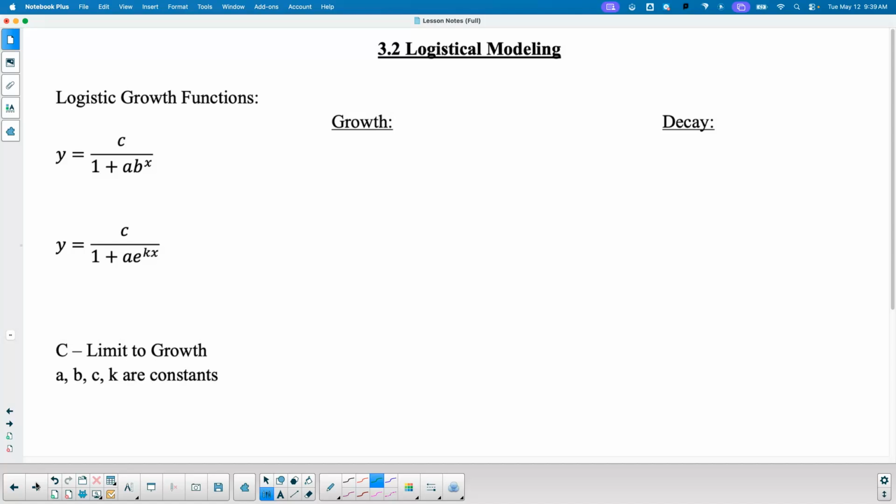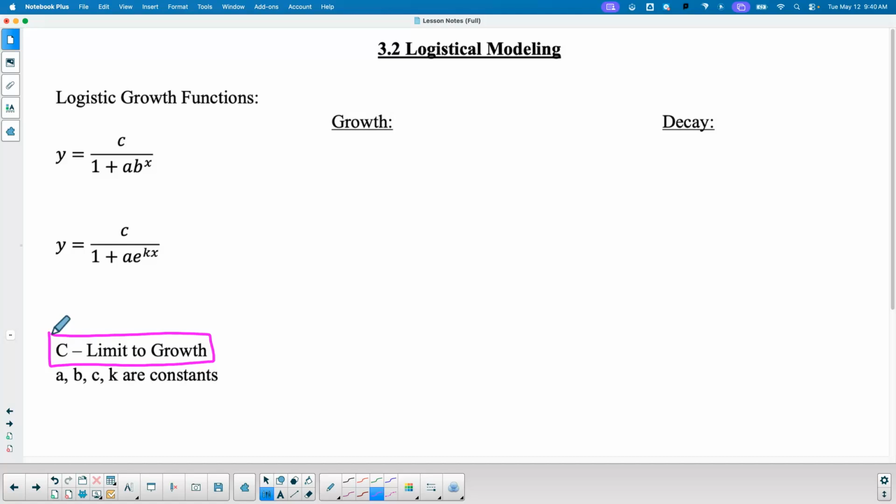And c, so they're fractions, and c here is the limit to growth. It means that a logistical function has a maximum value that you can get close to, but you can't ever pass that. That's that c value. That's that limit to growth. That's that upper horizontal asymptote.